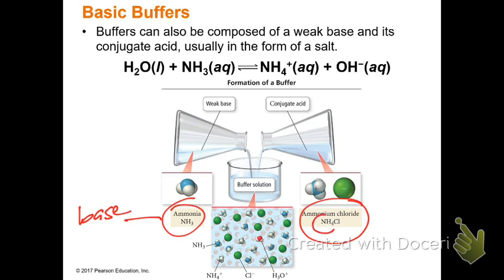Okay, so the conjugate acid here is NH4 plus. Right, so if you were to combine this with the chloride ion, then you have a salt, right, an ionic compound. And so mixing the two together, you have a buffer solution, a basic buffer solution in which the pH is greater than 7.